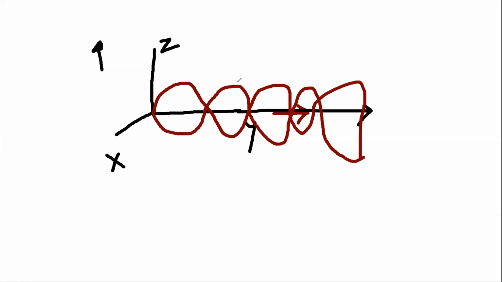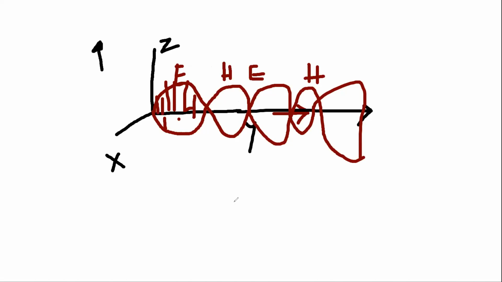In this one, this is the electrical vector, and this is the magnetical vector. Clear?